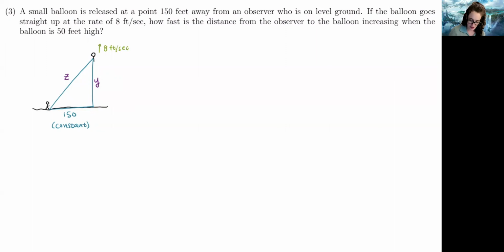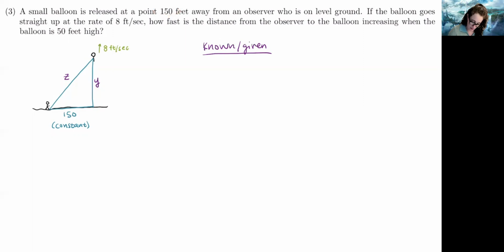Okay, so let's start making like a know and want column. So the knowns or the givens, let's put some labels onto things using the way that we've labeled our diagram. So I think that this 150 is taken care of in our diagram. We don't need to worry about that.